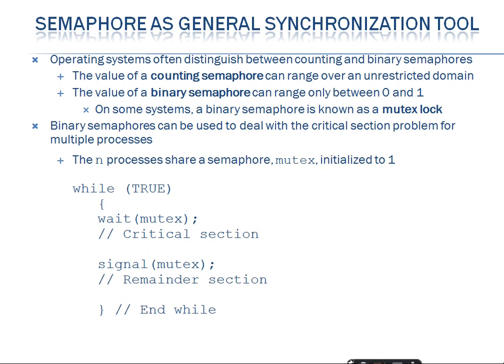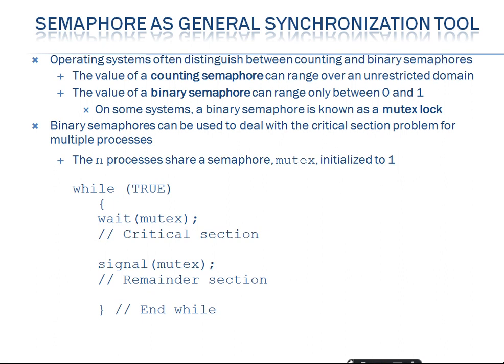A binary semaphore can be used to deal with the critical section problem for multiple processes. The n processes share a semaphore mutex, which is initialized to 1. While the condition is true, we call wait over this mutex.